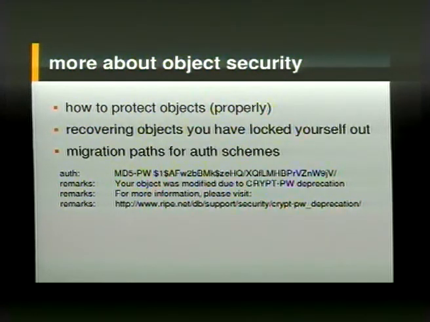However, even after that, if you look at how many people then realized that there is a problem and changed their object, you will still find many objects having this notice in there, where the people who maintained them did not care to change it, and did not care to perhaps not use an MD5 password but use PGP.